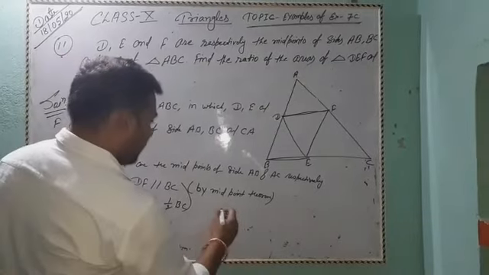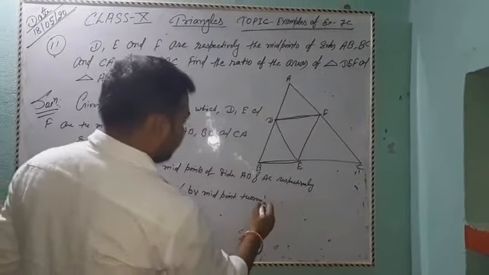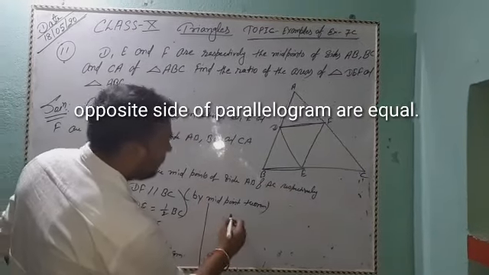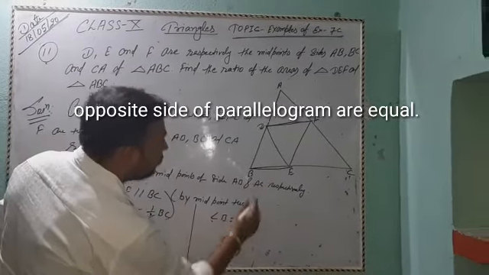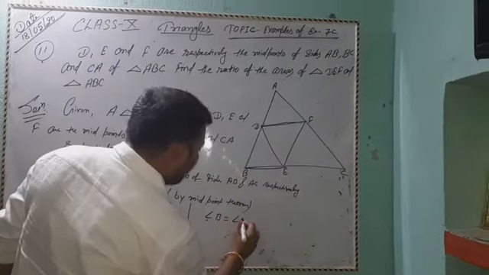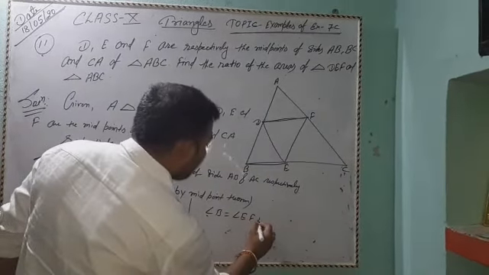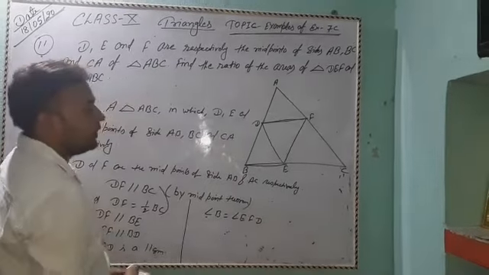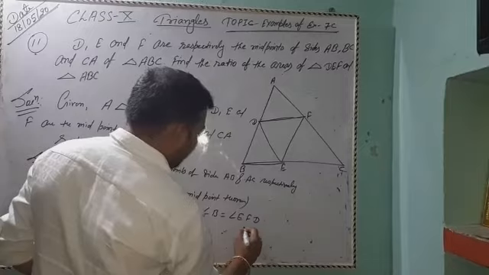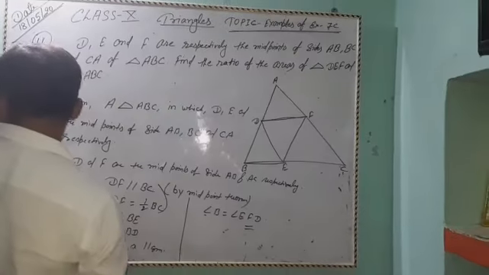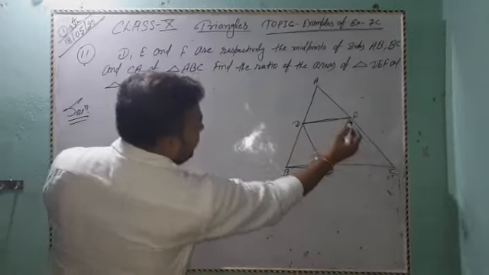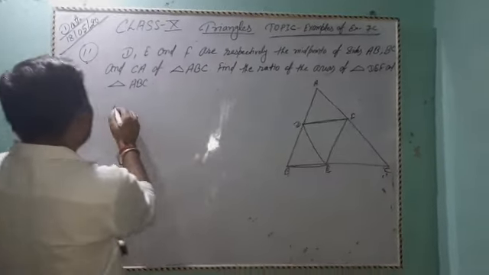So we write angle B equal to angle EFD. Students, DF is parallel to EC.